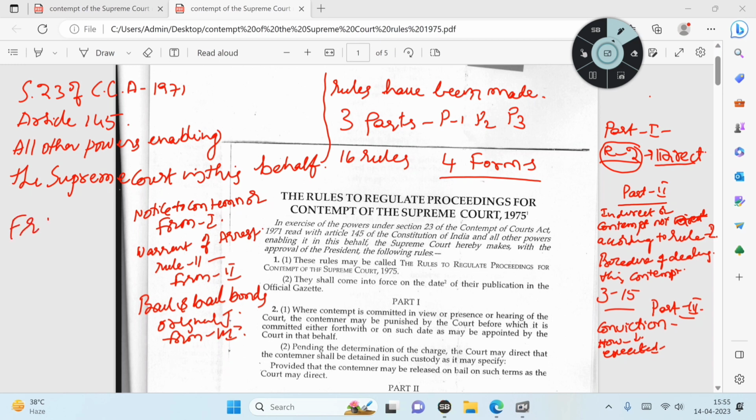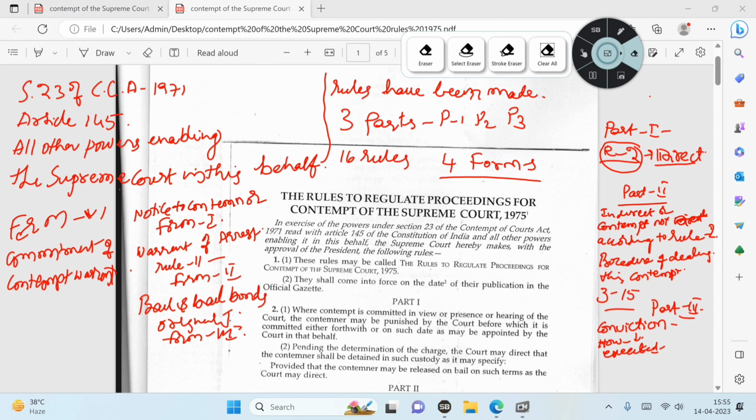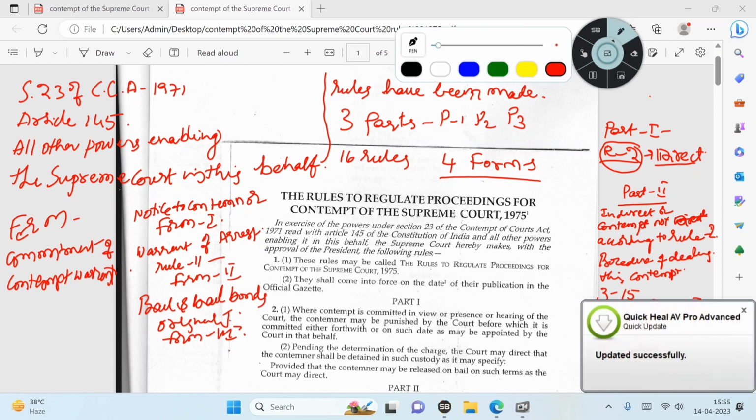Next, Form 4, the commitment of contempt warrant, that means how to send the contemptor to jail. So, these are the 4 forms. This is about the scheme of the rules.